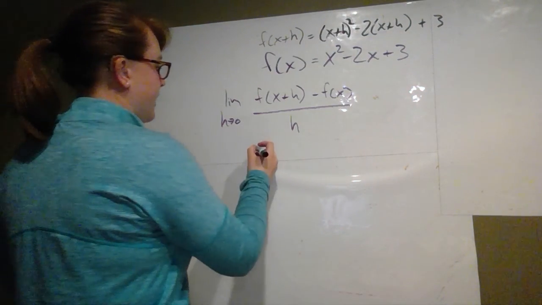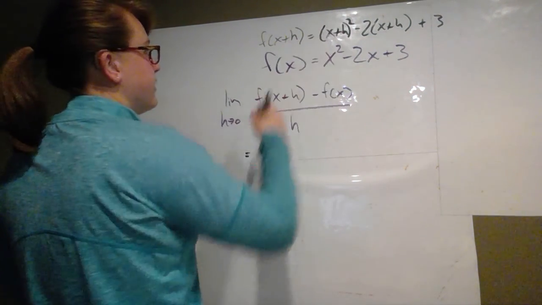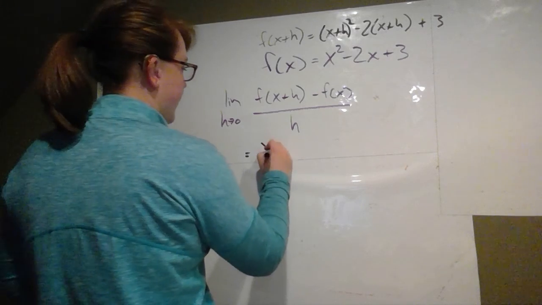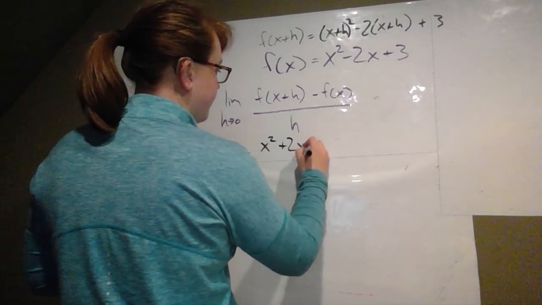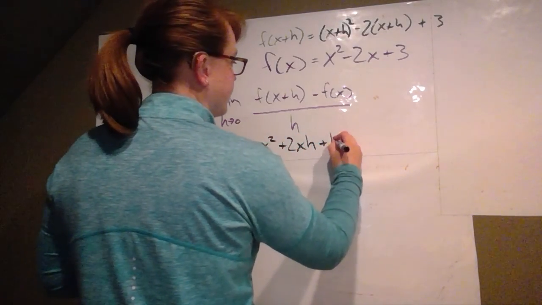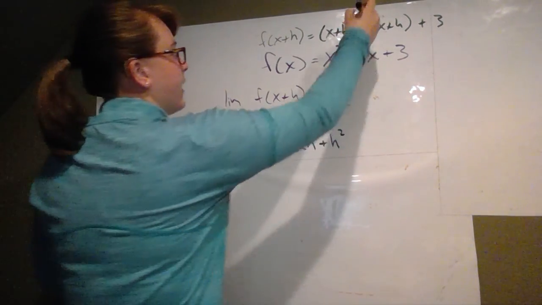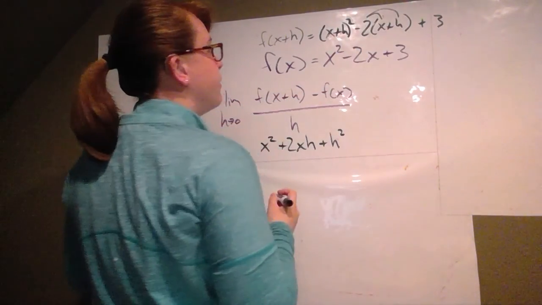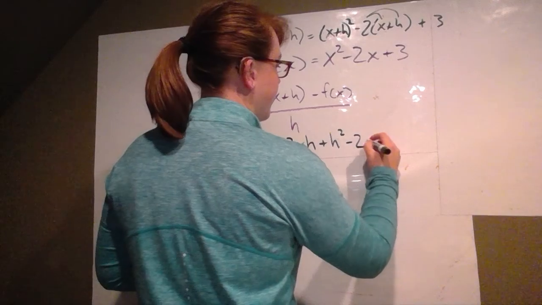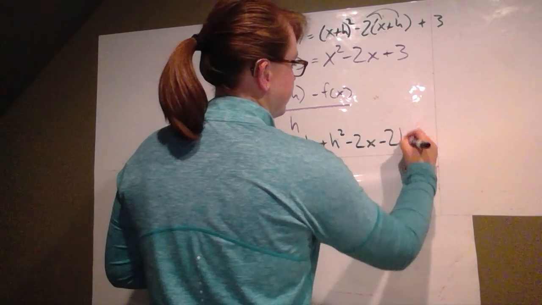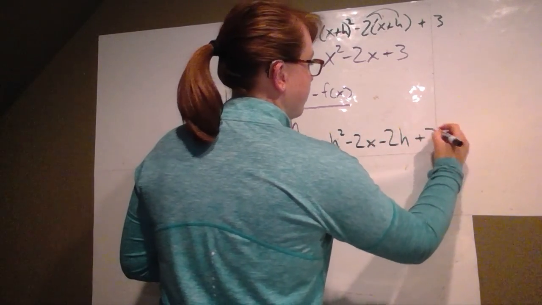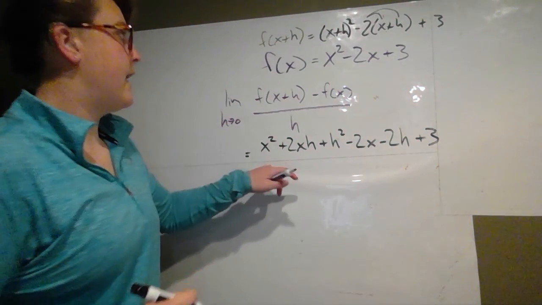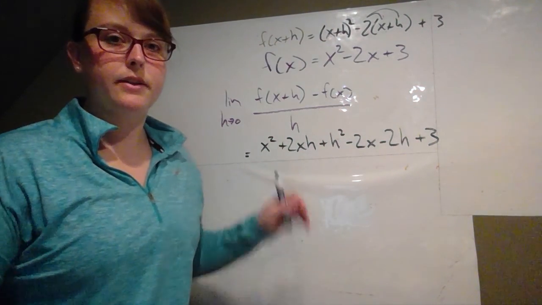So we actually get x plus h parentheses squared is x squared plus 2xh plus h squared. And then I want to also distribute the negative 2 through. So we have negative 2x minus 2h. And then plus 3 is also hanging out there. So that's my f of x plus h part of this.